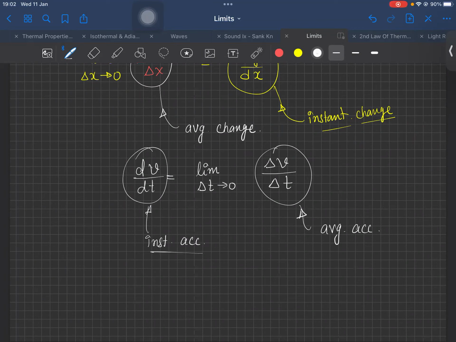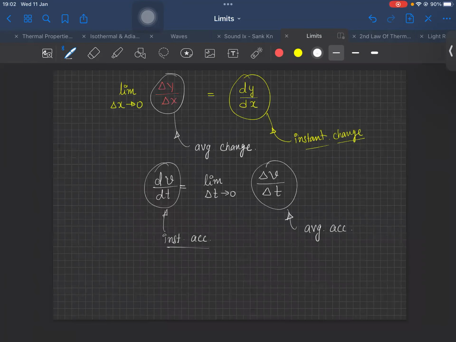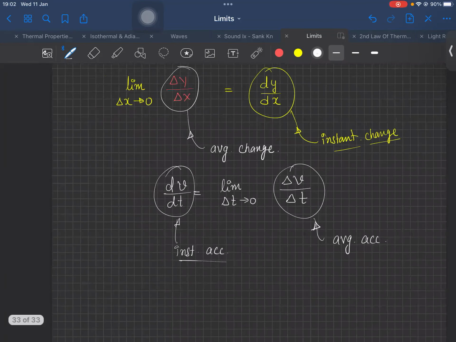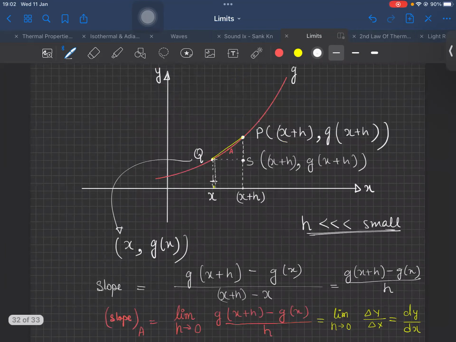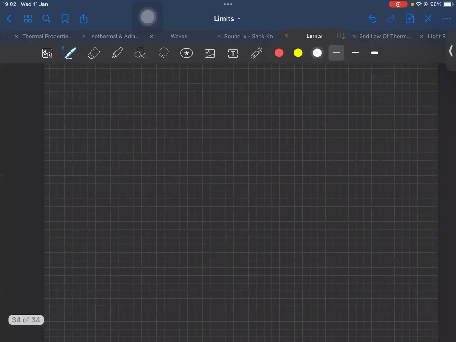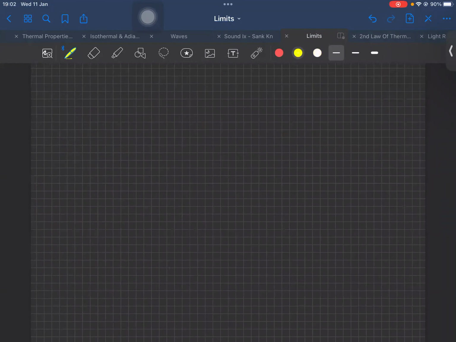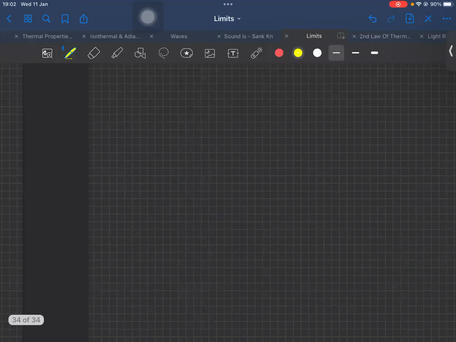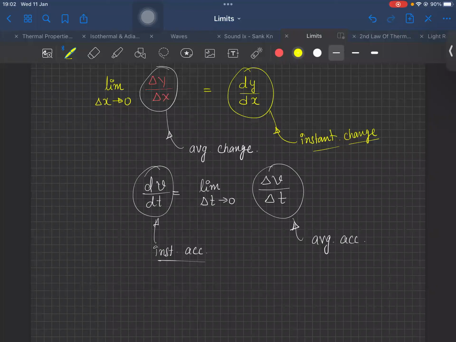What is a derivative? Hopefully you have understood the meaning of derivative. So we will be solving some problems based on derivatives, and also see the condition for a function to be differentiable. Now this is called differential calculus. This instantaneous notation is by Leibniz, these are Leibniz notation, and this is Newton's notation.